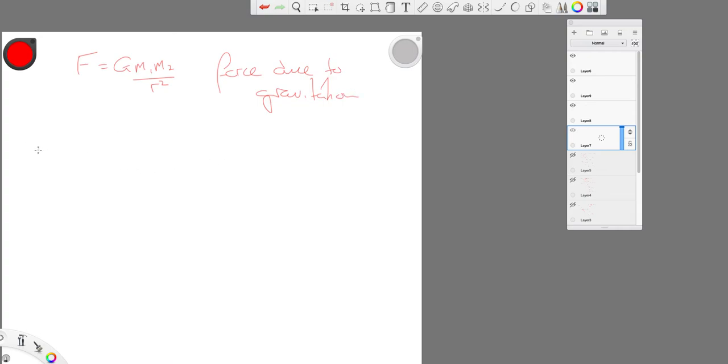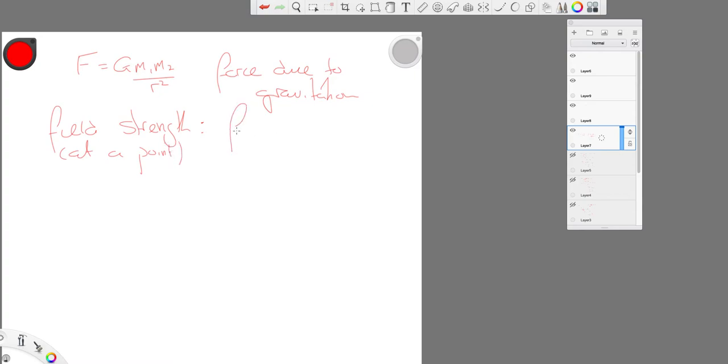For each of the fields we're going to talk about, gravitational, electric, magnetic, we need to have a field strength expression. And here it is, this of course will be at a point.